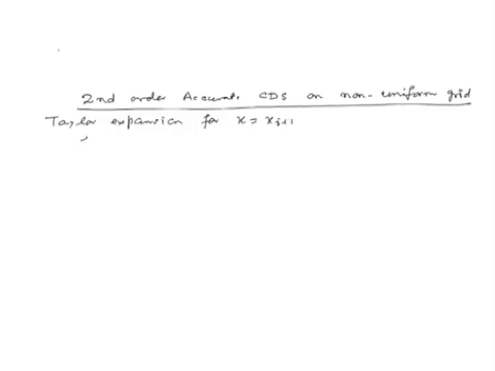So, this we can write as f_{i+1} divided by delta x_i squared. We are just dividing the entire expression which we have written earlier by delta x_i squared.